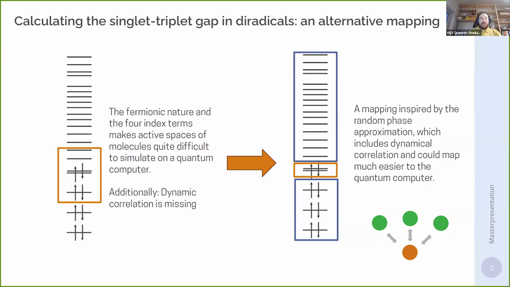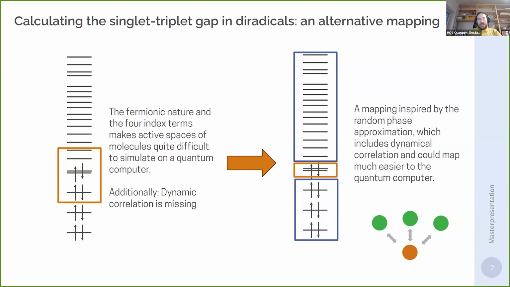So what can we do? The answer is to apply a transformation inspired by the so-called random phase approximation, RPA, that can transform the problem into essentially a spin-boson problem. Spin-boson problems are well known, well studied, and we know how to bring them onto the quantum computer.